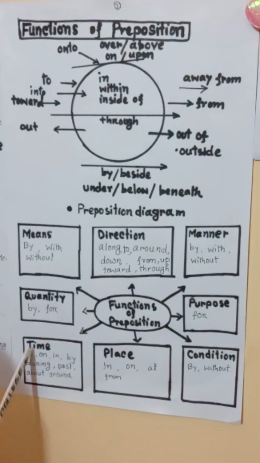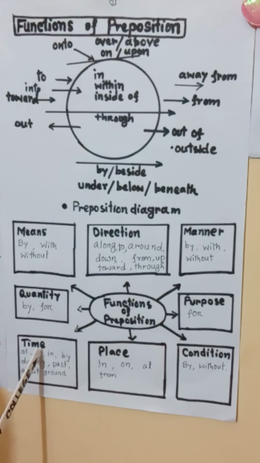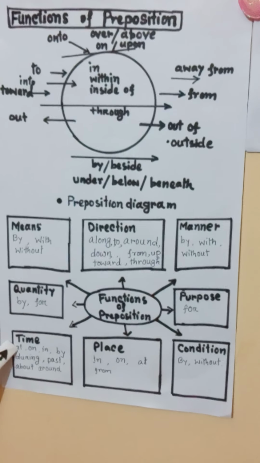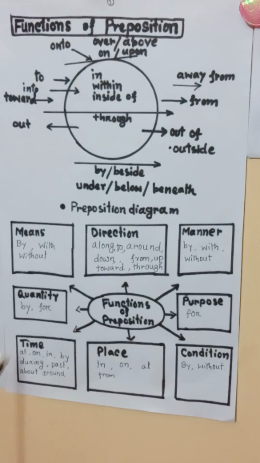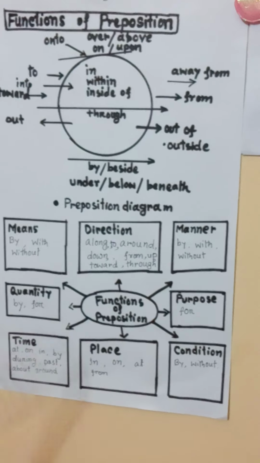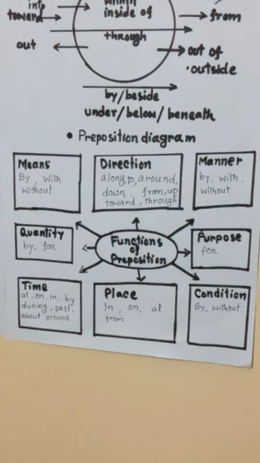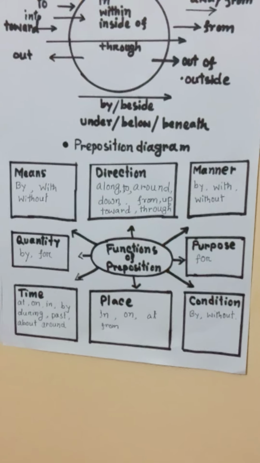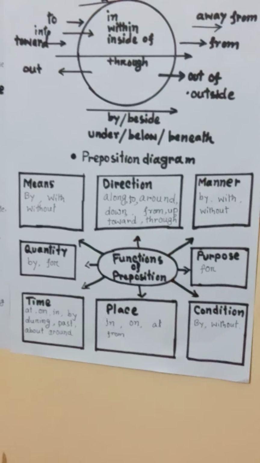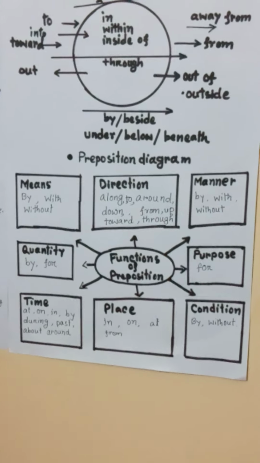More, we can think about general time. Specific, very specific: in, on, at. Then we can use by, during, past, around, about. These words will be clear to you if you find them in your examples or exercise books. Then it is used to mean place. This is also in, on, at, from, and so on.